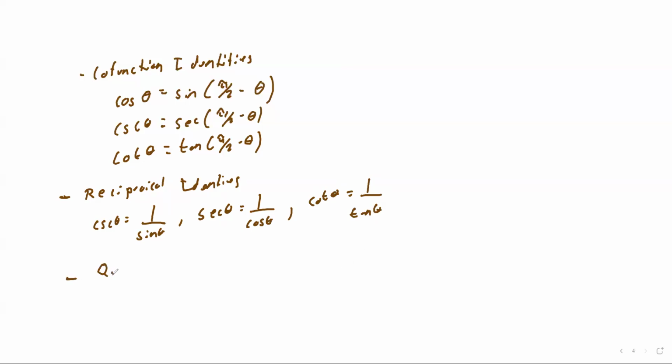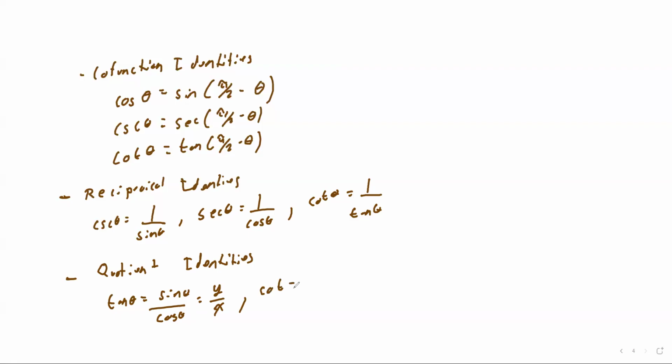You then need to know your quotient identities, which is tan theta is equal to sine theta over cosine theta. This is a little bit easier to remember if you remember that it's y over x, and that x is cosine and sine is y.